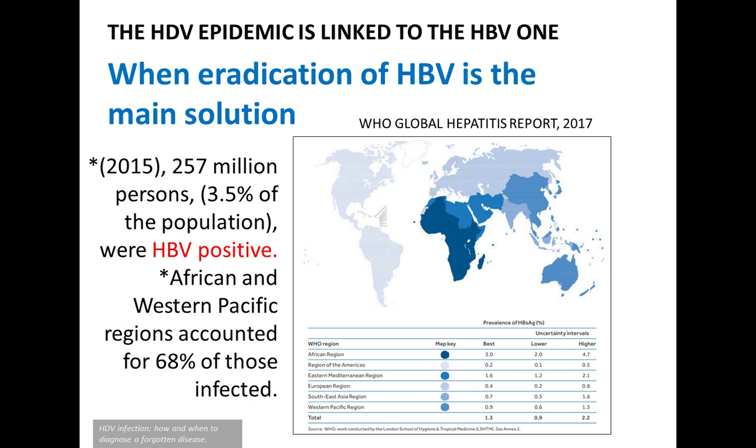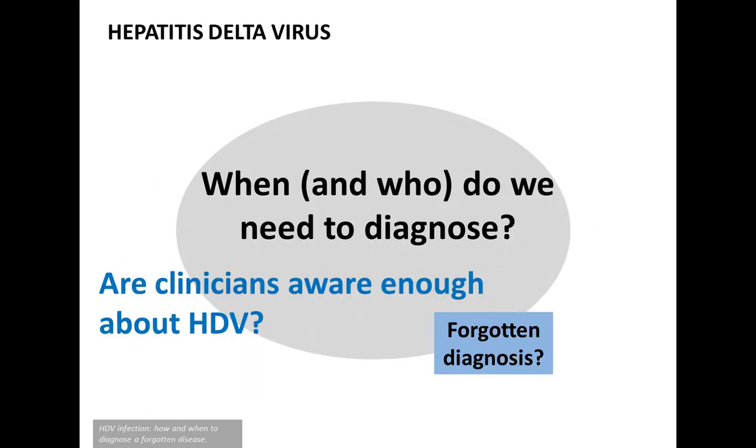However, it has been estimated that more than 250 million people are currently infected with the hepatitis B virus, accounting in the African and Western Pacific region for near 70% of the total. All these persons are at risk of suffering Delta virus co-infection.